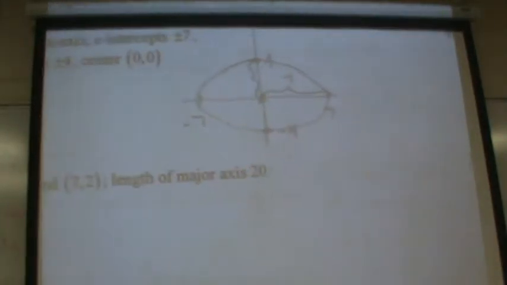If it was going this way, if this were 7, then we'd put 49 here and 16 here. So it's just the biggest one. The bigger number is where it's elongated out. I just switched it for the hyperbola.